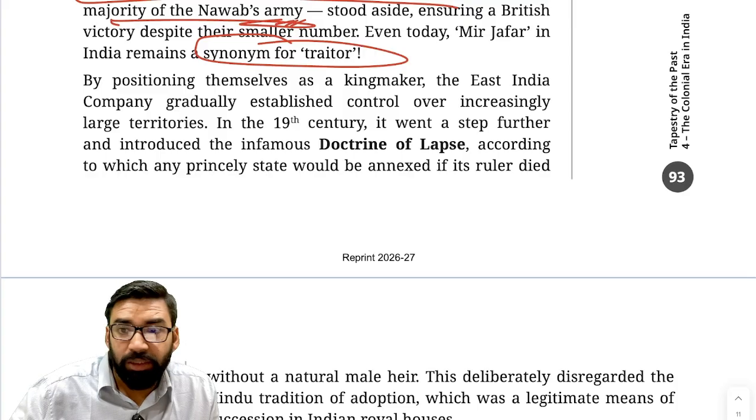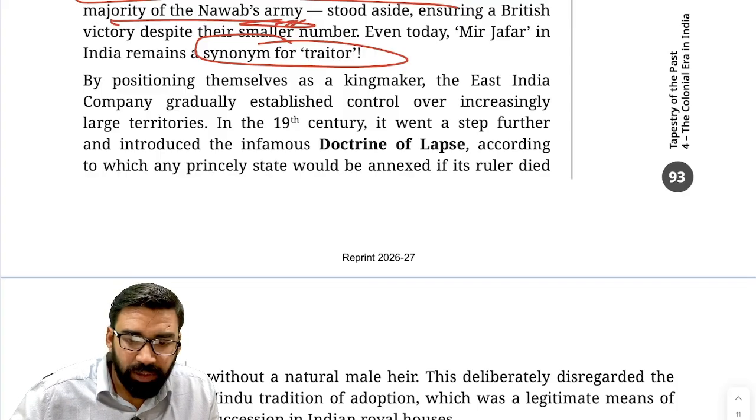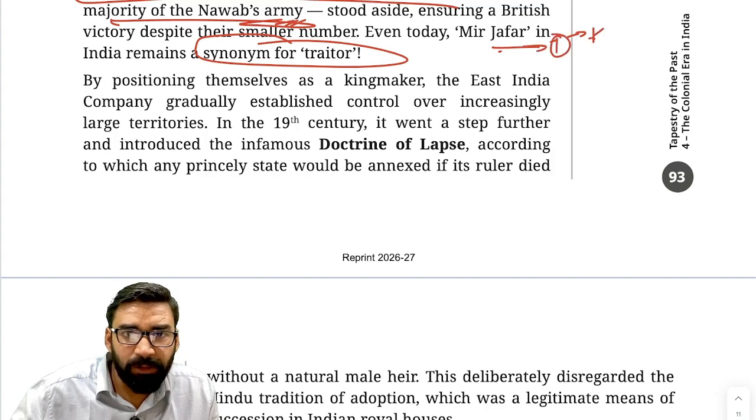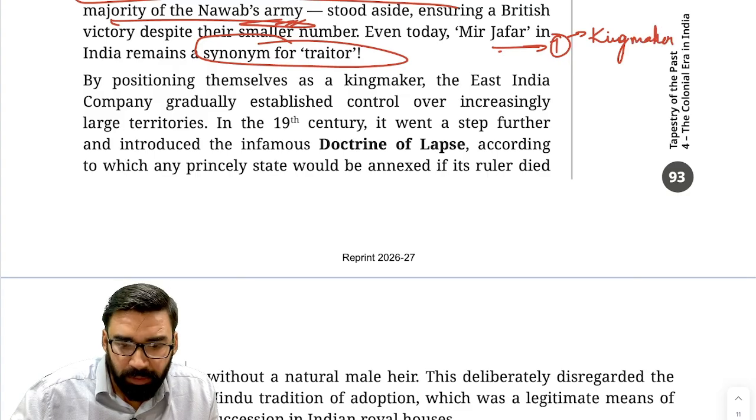Now, try to understand the first formula that the East India Company applied, the policy of kingmaker.